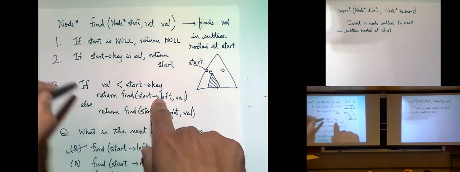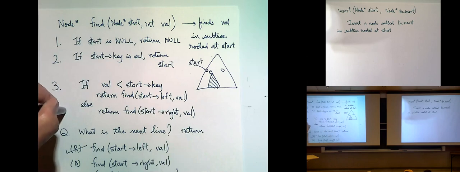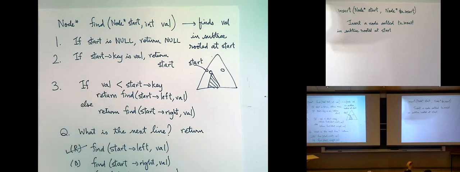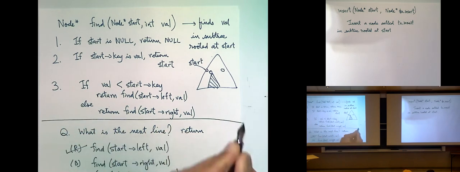If you were to do it iteratively using a while loop, then you would have a while loop that says, while start not equal to null, where start keeps changing, or current. Does that make sense? But I guarantee you, when you're writing your binary search tree code, if you write it recursively, it's a lot easier to manage. Just conceptually, it becomes easy to think about. Questions?